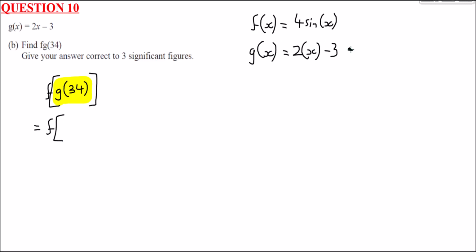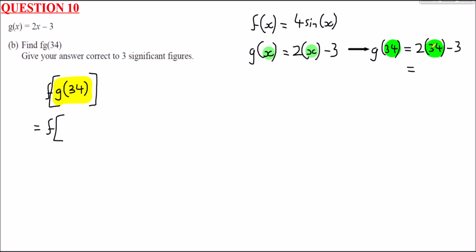So if we take this definition and substitute in 34 in place of x, we can hopefully see that g of 34 will be 2 lots of 34 subtract 3. We're just switching an x with 34. That's all we're doing.